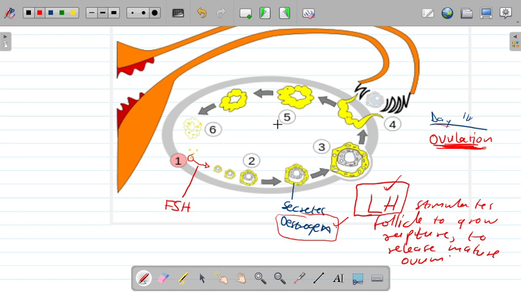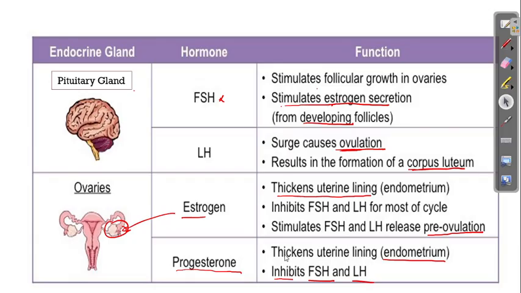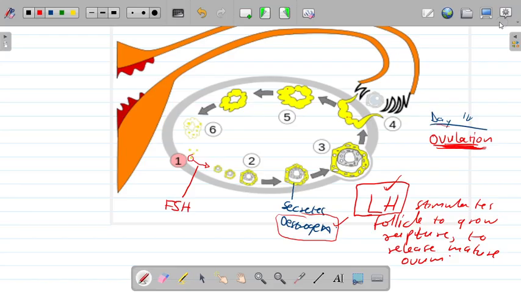That's why it's the pregnancy hormone. Notice that progesterone is secreted after day 14, after ovulation, in preparation for what? In preparation for pregnancy. It thickens the endometrium further, giving the endometrium more glands and blood vessels for pregnancy, right?